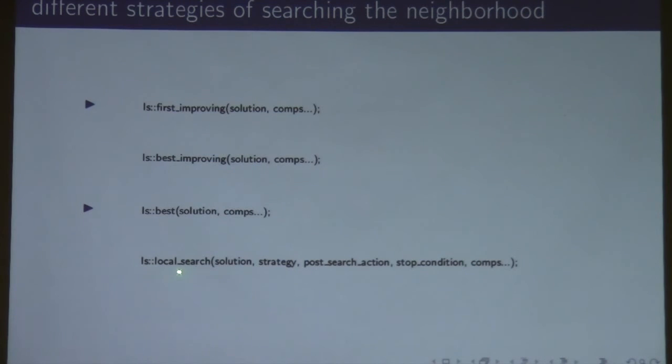So this local search is actually useful because of these additional arguments. And if you really want to, you can implement your own strategy as well. I'm not going into details on how you should do this. Any questions?